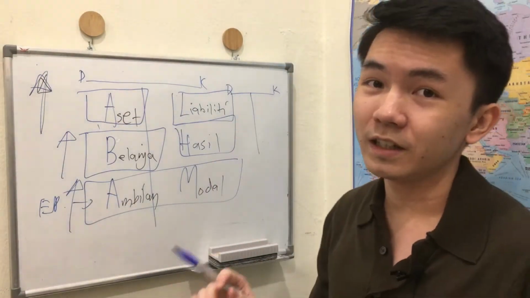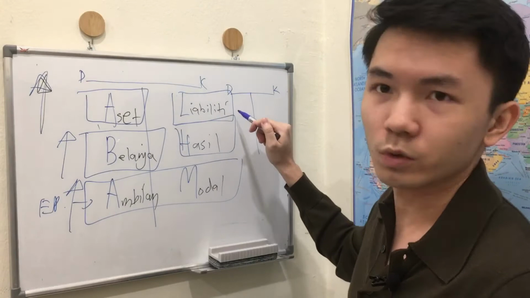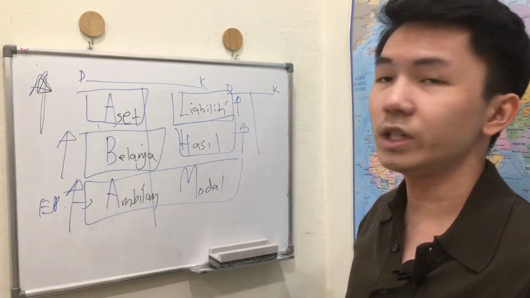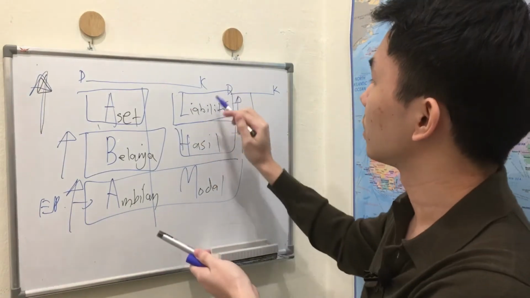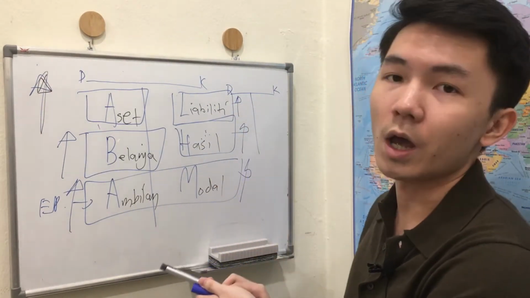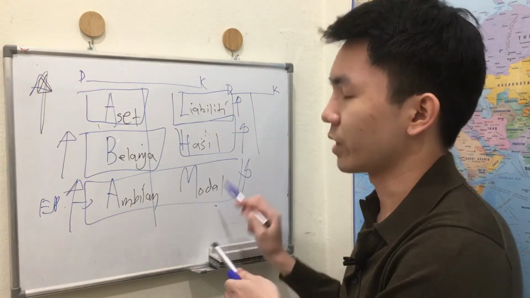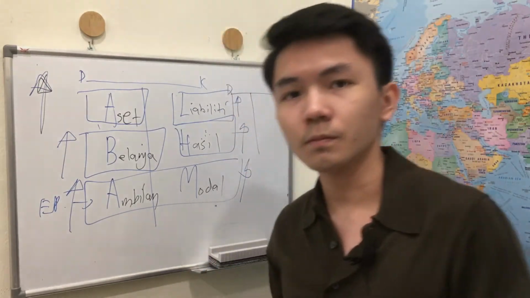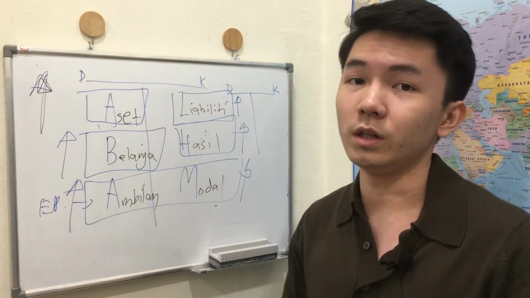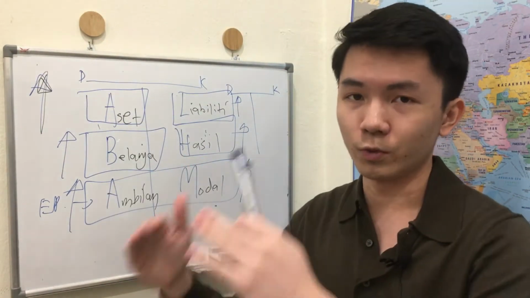When your liability increase, on which side? Yes, credit side. When your hasil increase, which side? Yes, credit side. When your modal increase, where? Yes, credit side. Simple. So what about when it berkurang, when it decrease or reduce?